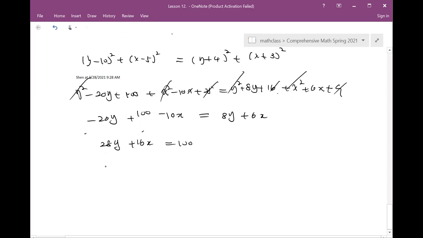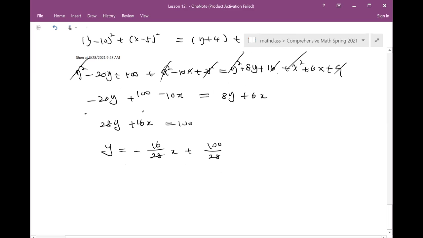So my answer will be y equals 16 over 28 x plus 100 over 28, okay? And well, you can simplify. 100 divided by 28, it's a factor of 4 there. So here's 4 over 7, and that will be 25 over 7.